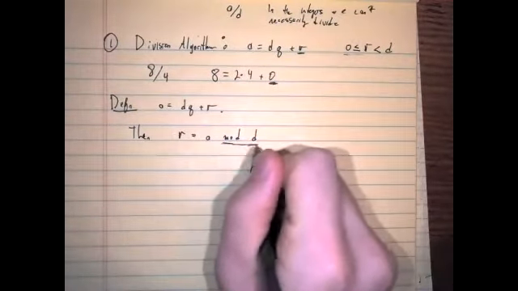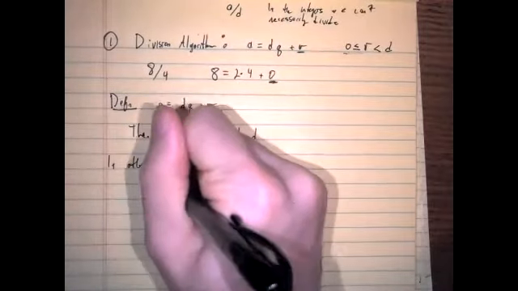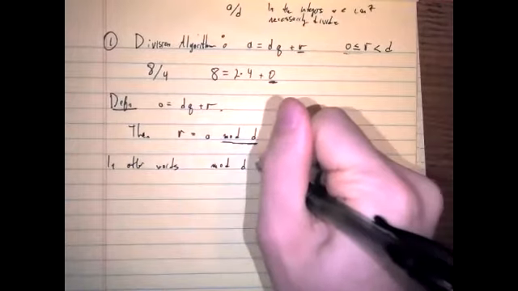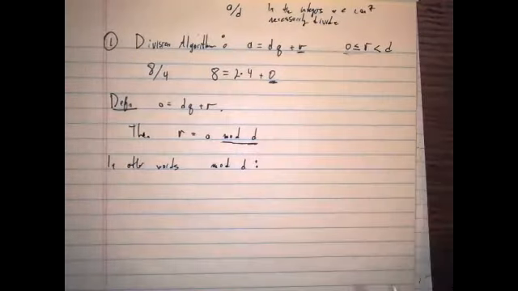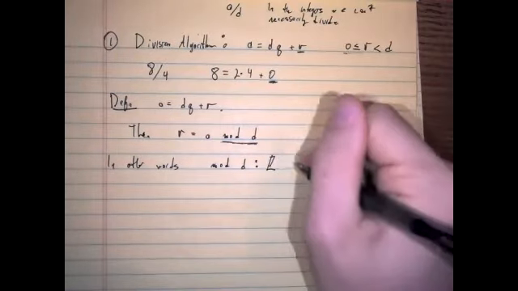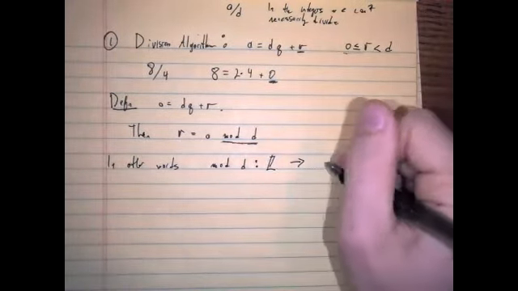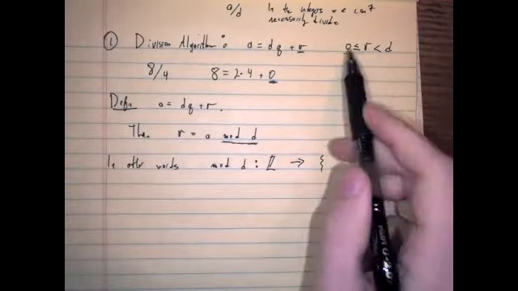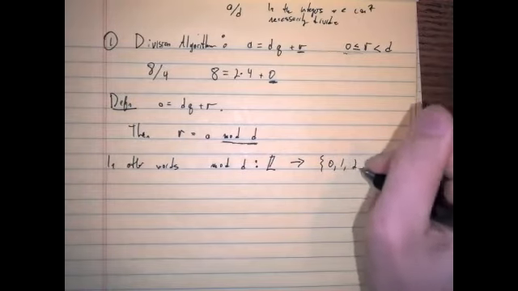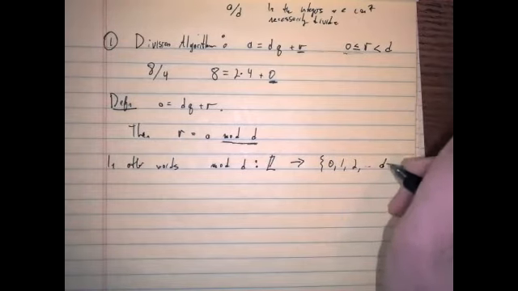So mod d is essentially a function that goes from the set of integers to the set of integers between 0 and d, so 0, 1, 2, all the way up to d minus 1.